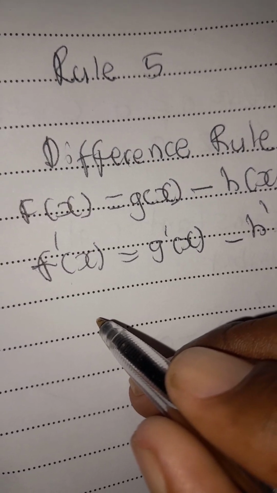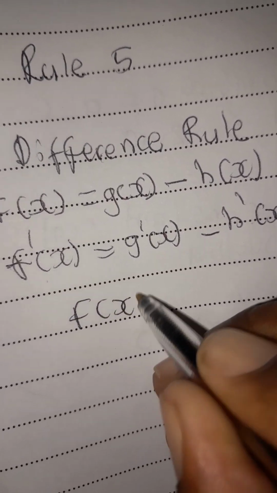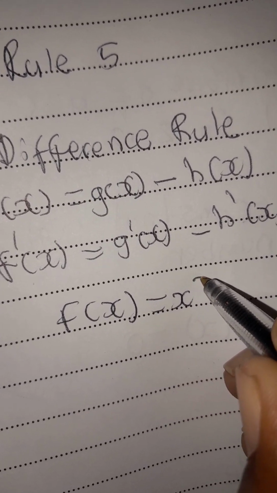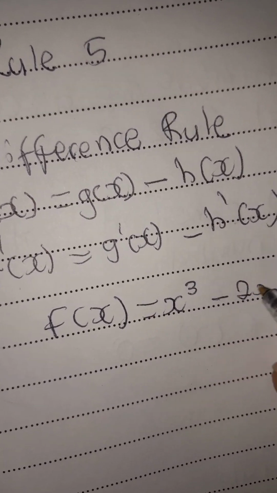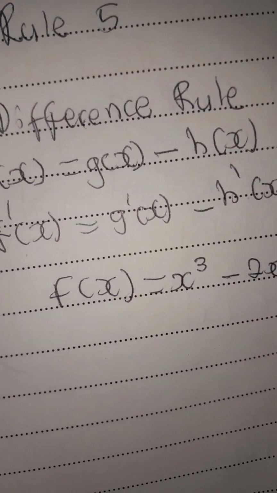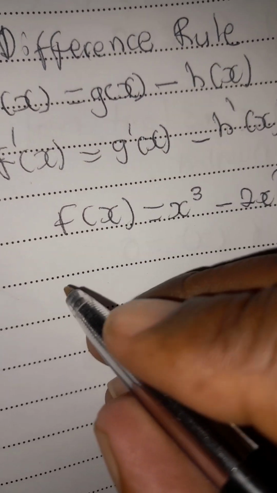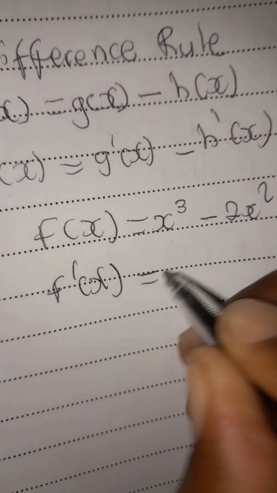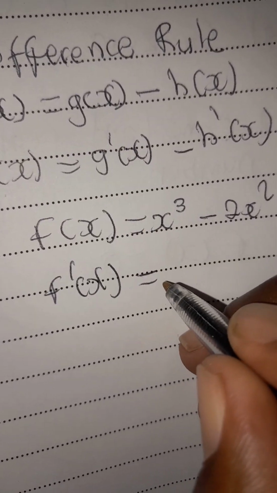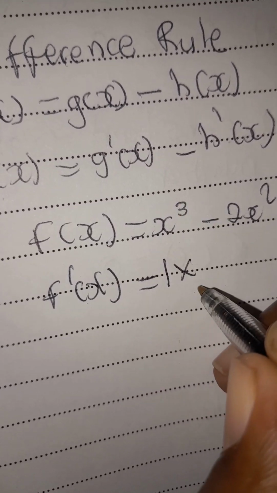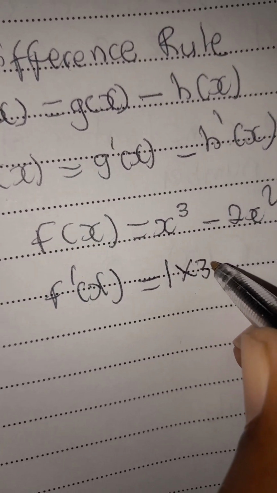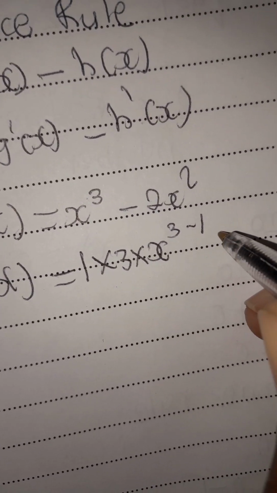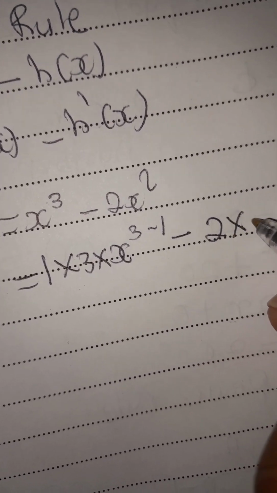So consider this. We are given a function f of x equal to x cubed minus 2x squared. We are required to determine the derivative. To determine the derivative of f of x, what are we going to do? Remember that the coefficient, which is 1, multiplied by the power, which is 3, 1 times 3, multiplied by x to the power of 3 minus 1, minus 2 times 2.